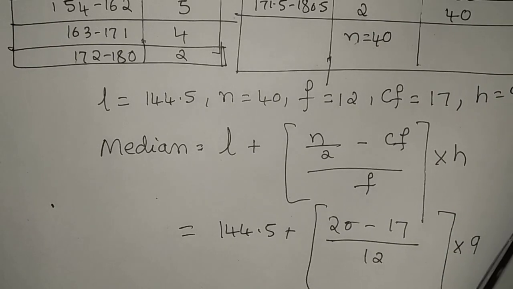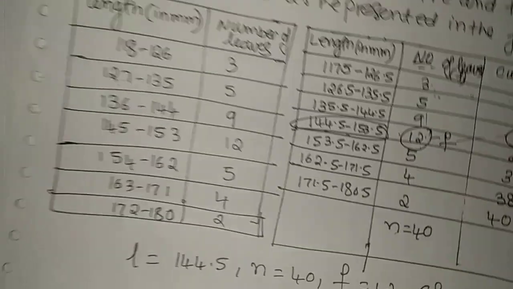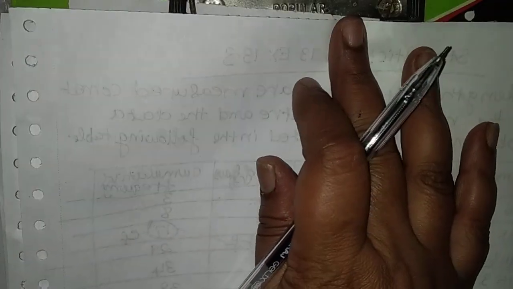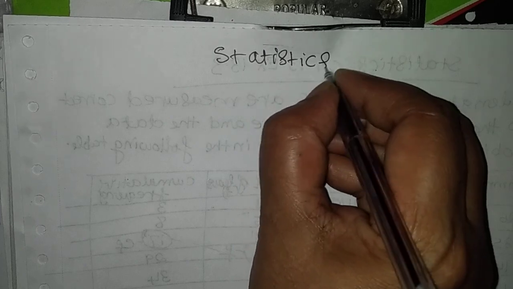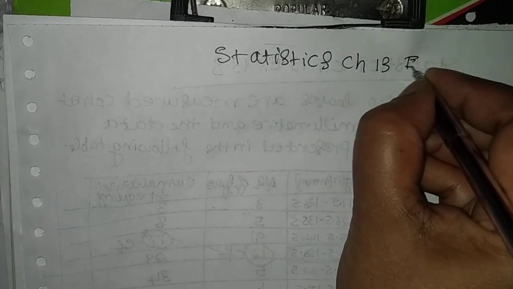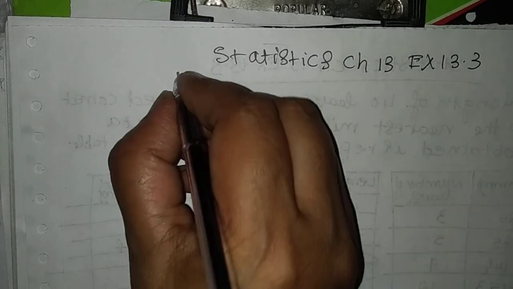So we move on to the fifth question. Question 5, that is statistics, chapter 13, exercise 13.3.